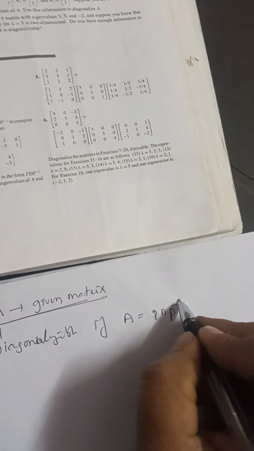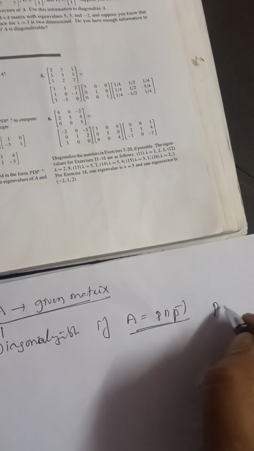Diagonalizable means a matrix A is a given matrix, right? Now this matrix is said to be diagonalizable if it can be factorized as P into D into P inverse. What is P?